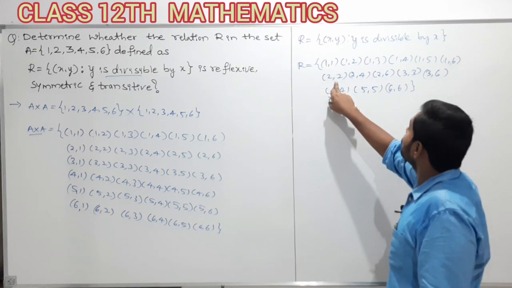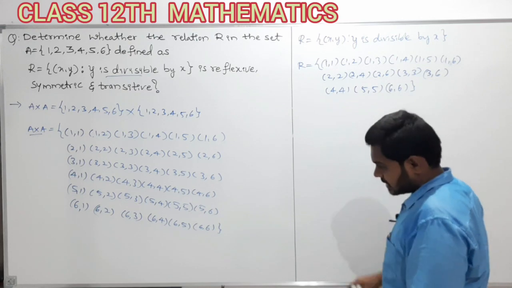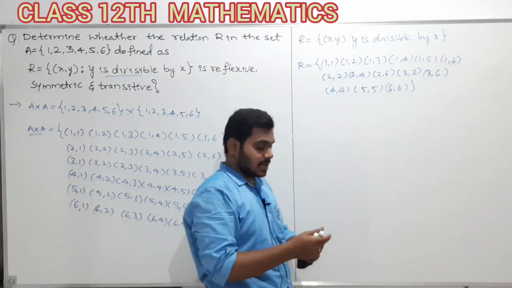1 comma 1 is there, 2 comma 2 is there, 3 comma 3 is there, 4 comma 4 is there, 5 comma 5 is there, 6 comma 6 is there. So therefore the relation R is reflexive.